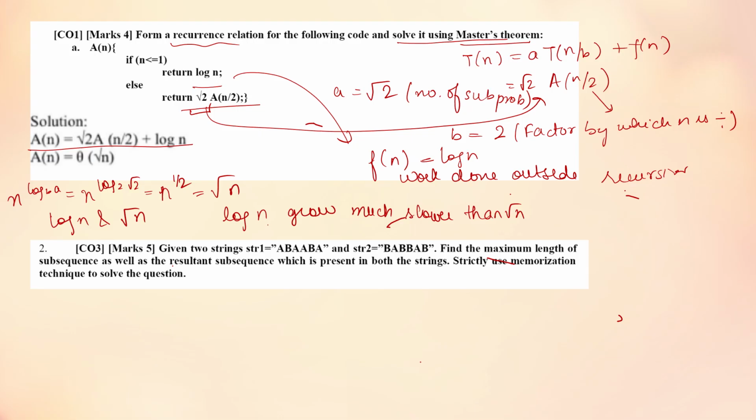Why? Let's see. Log n is equal to order of n^(0.5 - epsilon). That is the reason, for any epsilon greater than 0.